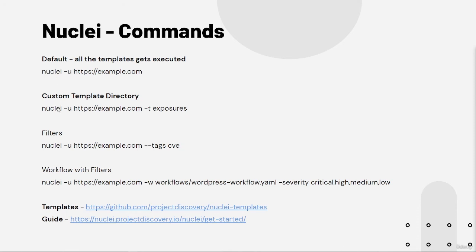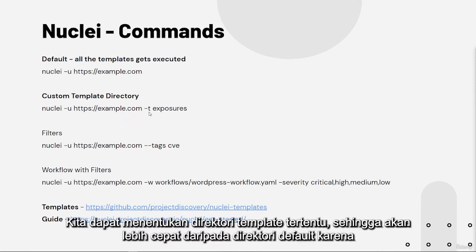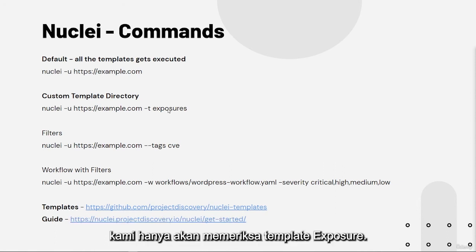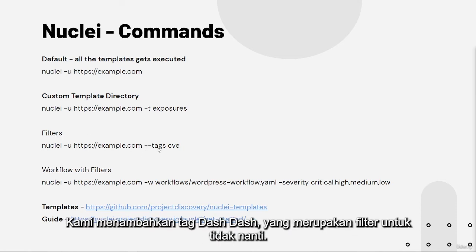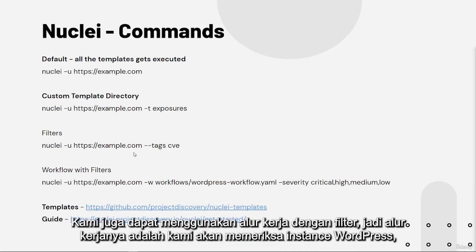For the second one, we can specify a specific template directory. So it will be faster than the default one, because we will only check for exposures templates. Then we can also use filtering, for which we added --tags, a filter for the Nuclei tool. We can also use a workflow with filters.